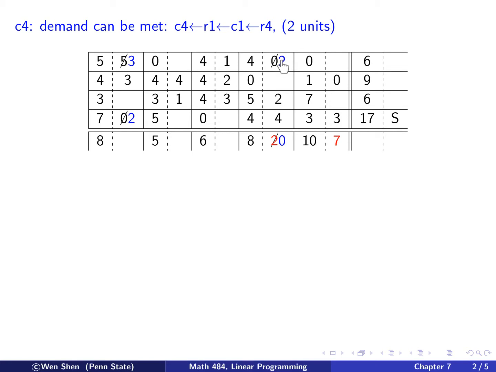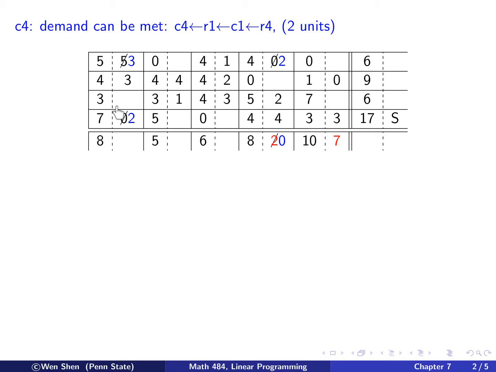If I increase this by 2 units, would that eventually come from the 4th row where I have the supply? Let's see. If I increase this by 2 units, that means somewhere among these I should decrease by 2 units. I see this is only 1 unit, which is no good, and that's 0, which is no good. And then I see this one has 5 units. I could decrease it by 2 units, reducing it to 3 units.